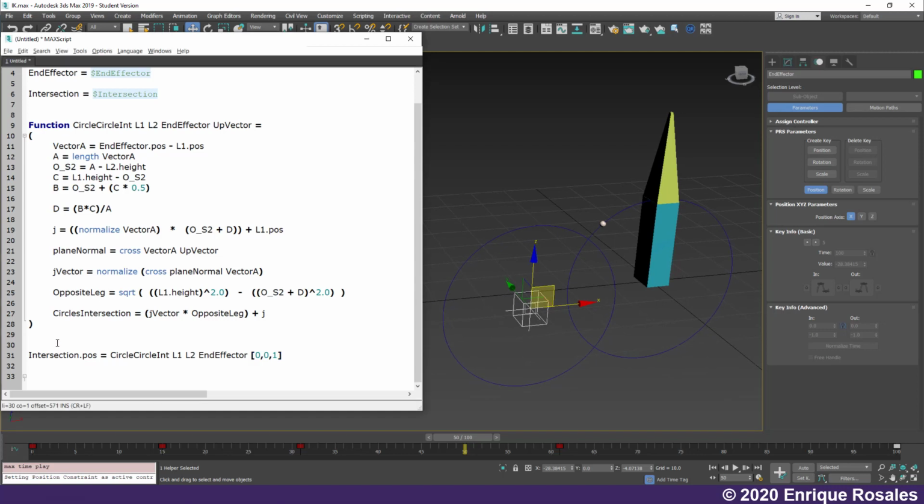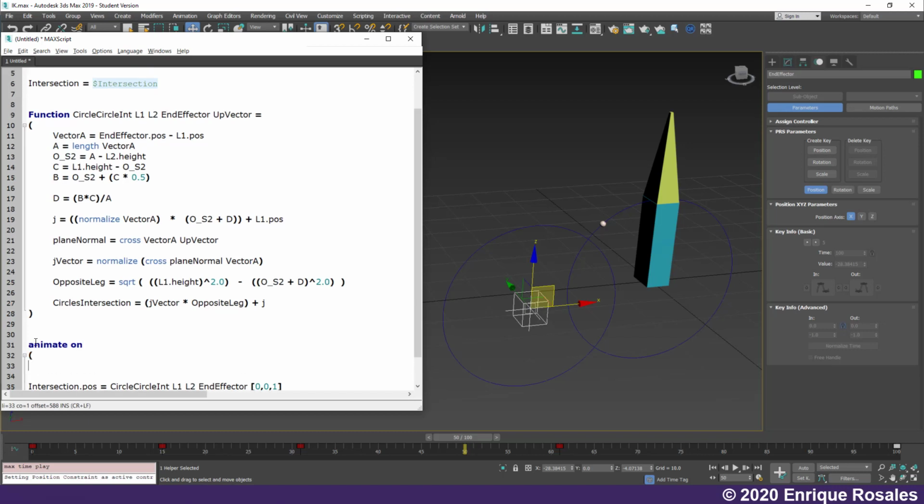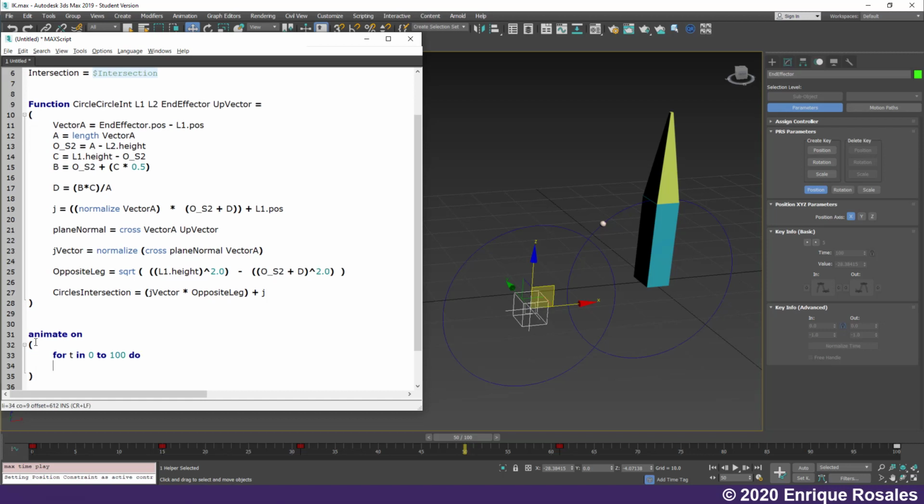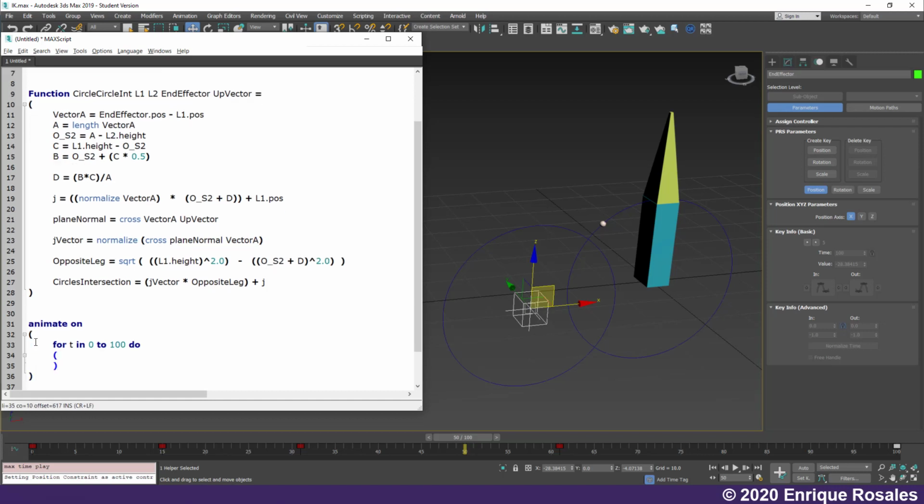And now I need to compute this not a single time, but several times, once per frame. So I need to say animate, for t from 0 to 100, do the following at time t.